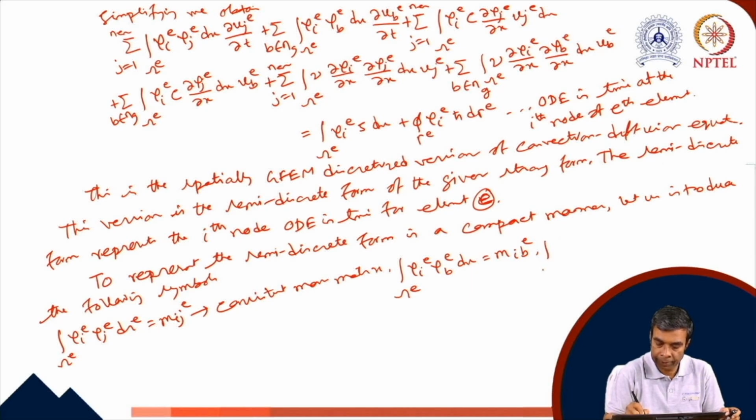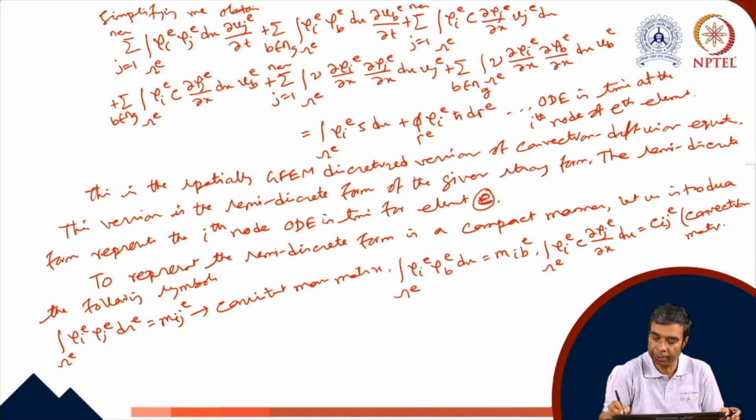So integration over omega e psi_i^e c del psi_j^e/del x dx equals c_ij. This is known as the convection matrix that we have already discussed in the 7th module in conjunction with the first order hyperbolic partial differential equation.